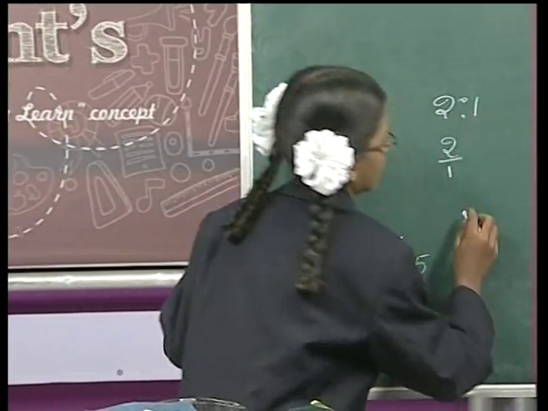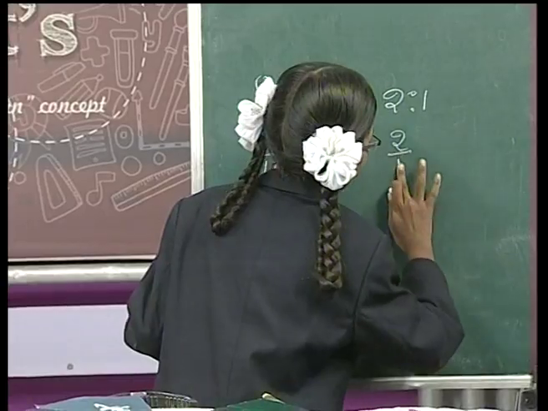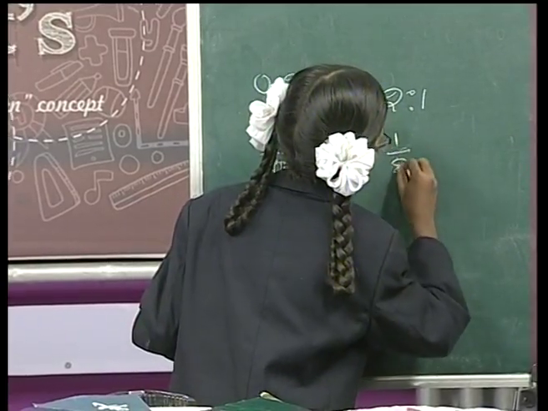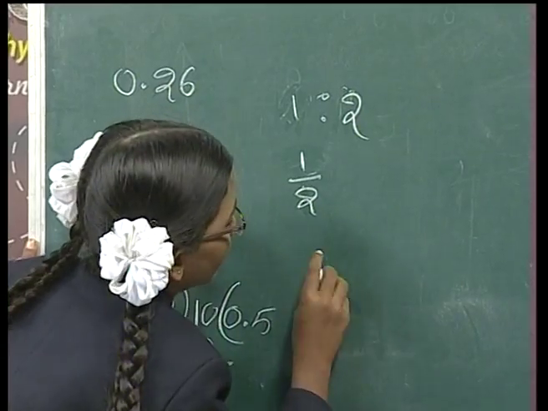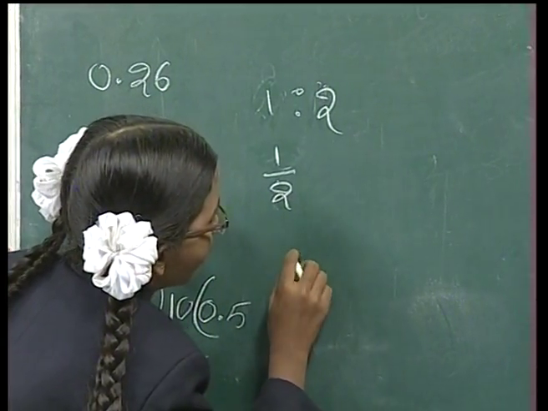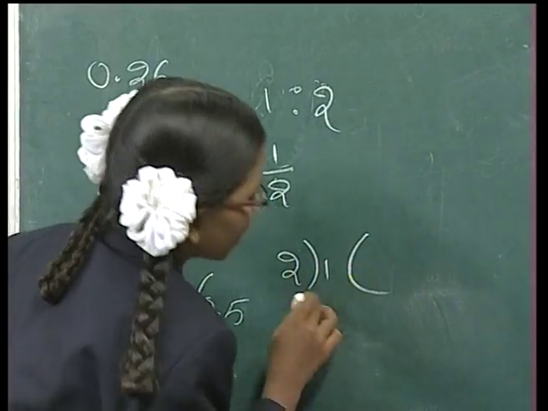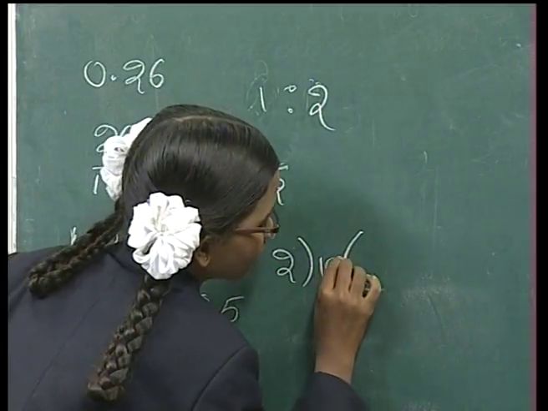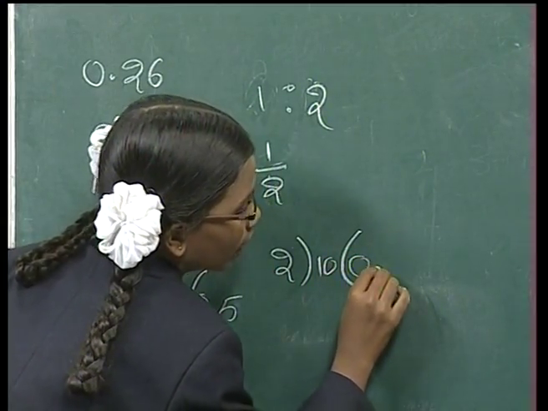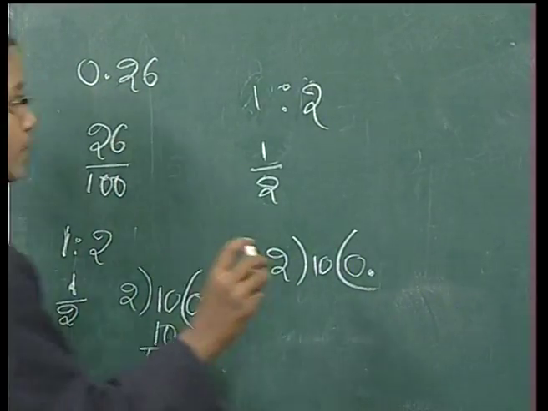Yes, by division. One is to 2. Here also we can't divide. So here we write 0 and we put a point. Friends, how many times? Yes, 5 times.